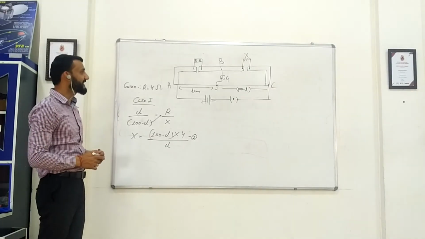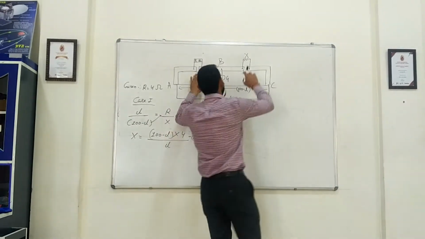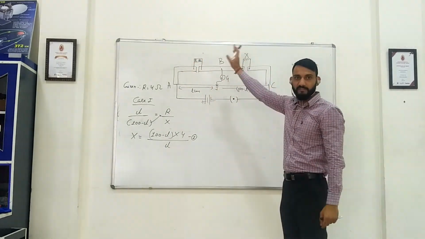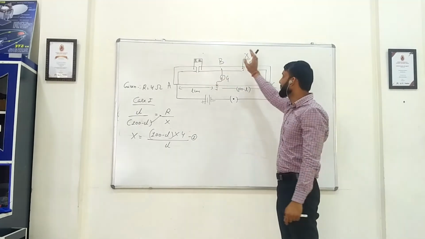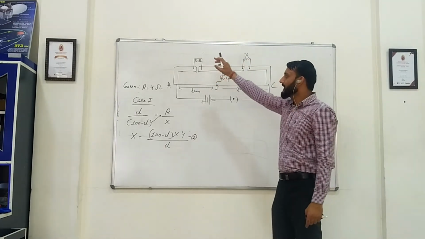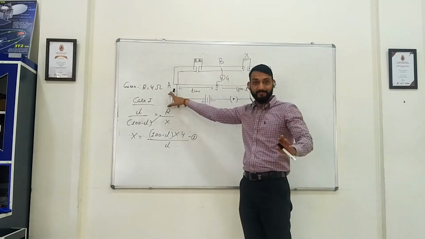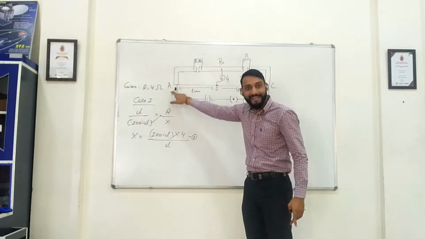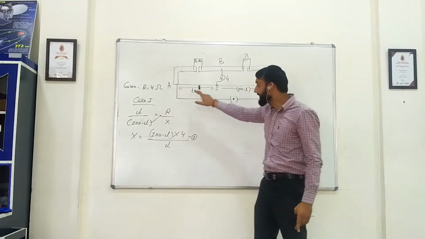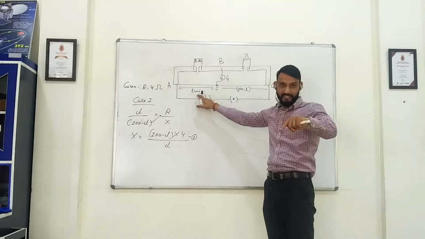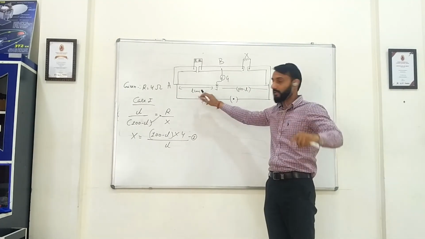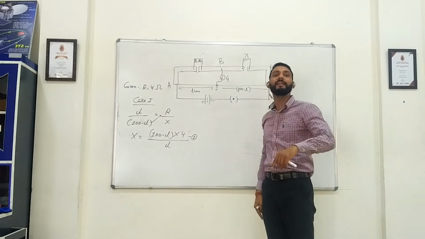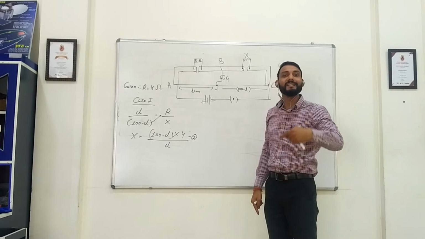Now what they are saying is that when these two are interchanged, the balancing length from end A increases by 20 centimeter. So if the previous balancing length was L, now the balancing length will be L plus 20.